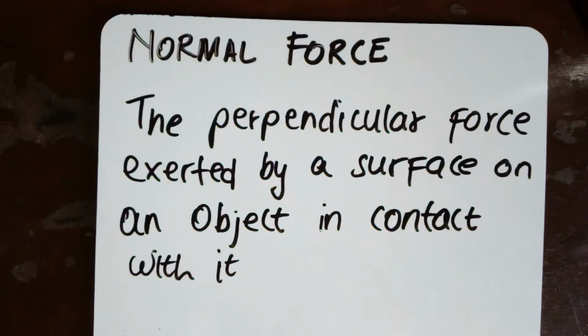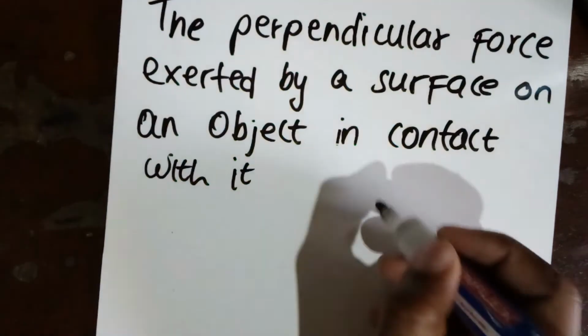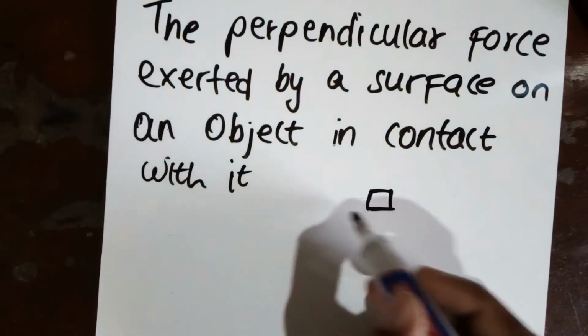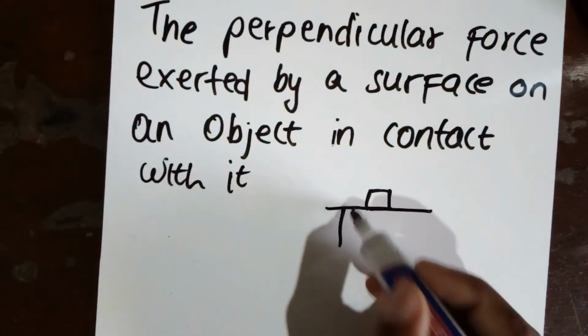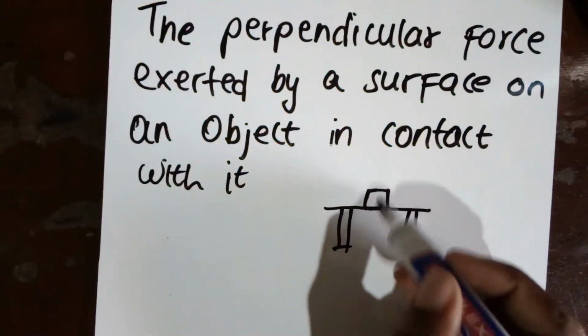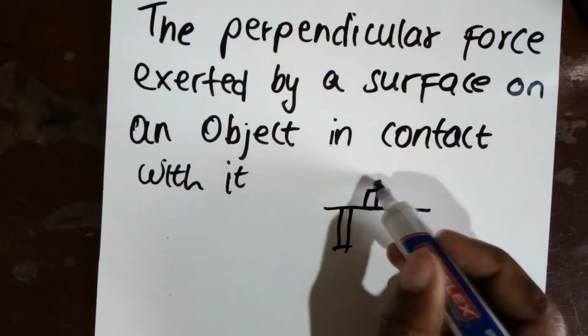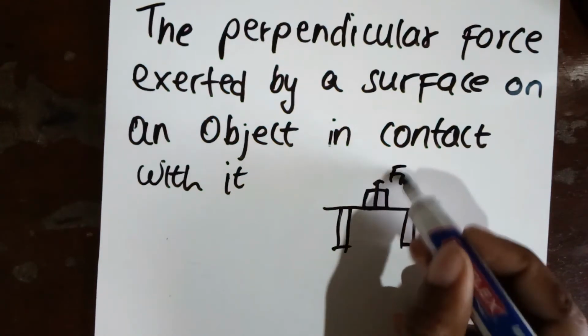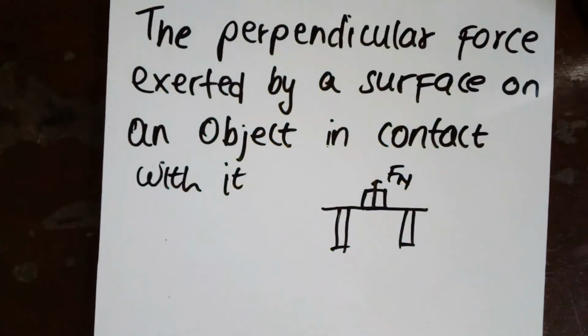The definition that you should know is that normal force is the perpendicular force exerted by a surface on an object that is in contact with it. So if we have a block resting on a table, the surface of the table will exert what we call a normal force, and normally the symbol for that is Fn.